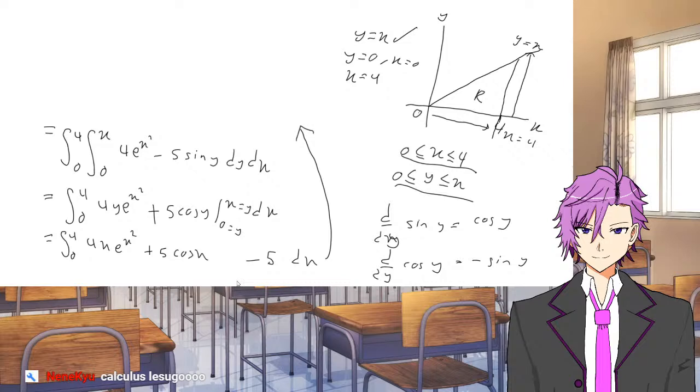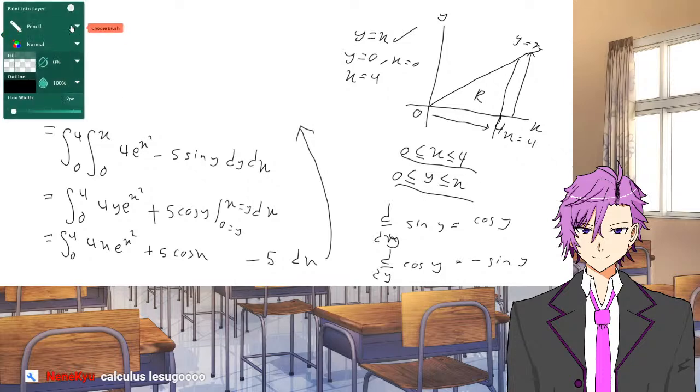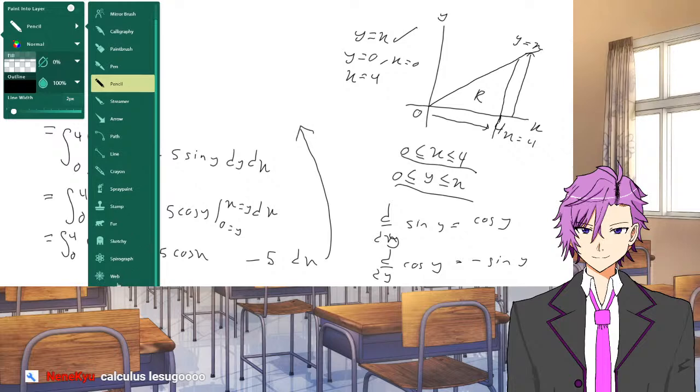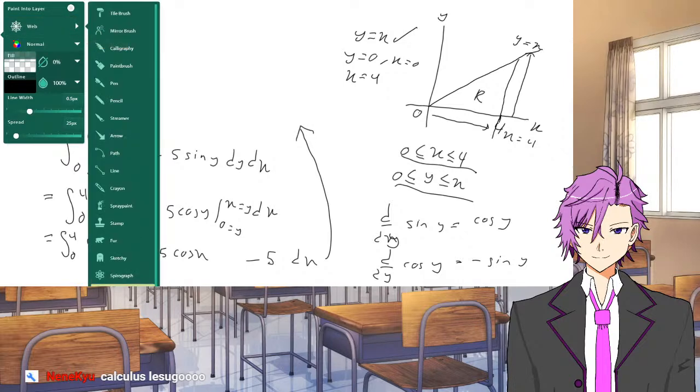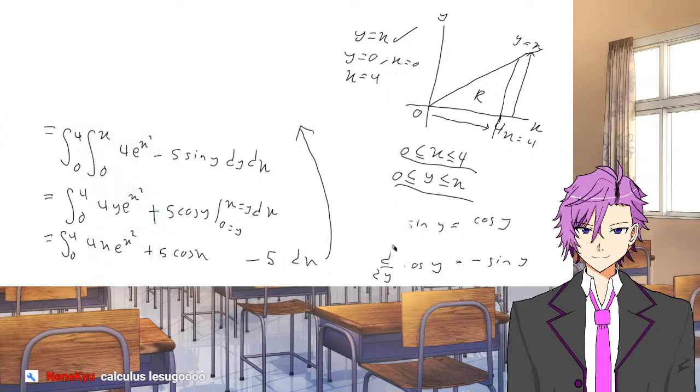Let me see. 4x e to the power of x squared. Okay, so if you remember correctly, we'll go back here.